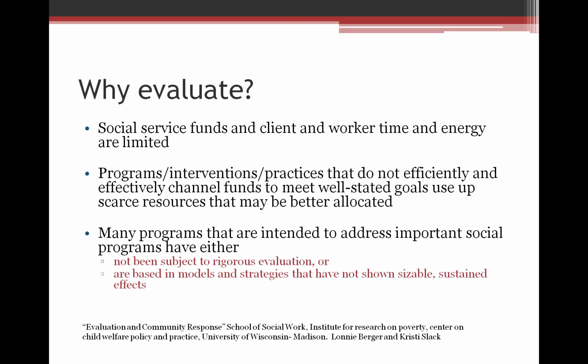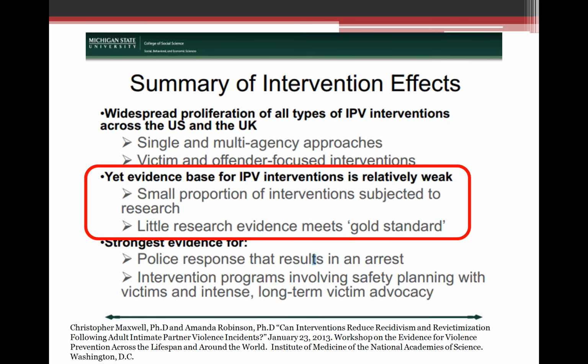And realistically, in our field, especially in prevention and some advocacy work, a lot of these things have not been evaluated. We're doing all these things, we're doing really great work, and in that same conference, this was another speaker that came from Michigan State, and I put a red box around it, and this is specifically intimate partner violence, but they said our evidence base is pretty weak.